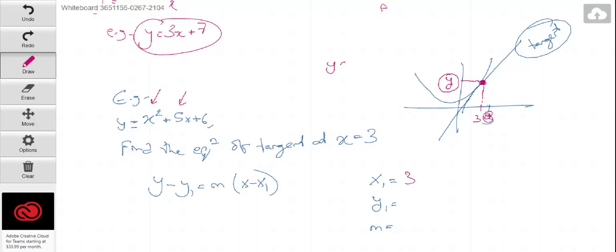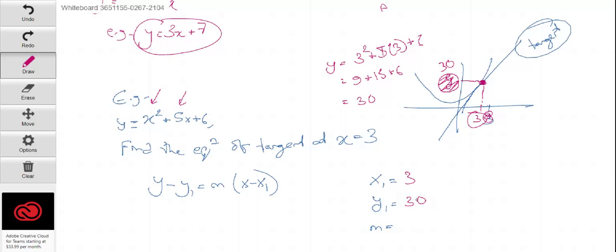So the y coordinate is where on the curve the x coordinate is 3, right? So 3 squared plus 5 into 3 plus 6. So that's 9 plus 15 plus 6. Guess what? It's 30. Meaning at this point where x equals 3, the y coordinate is 30. So there you go. We have the y coordinate, right?